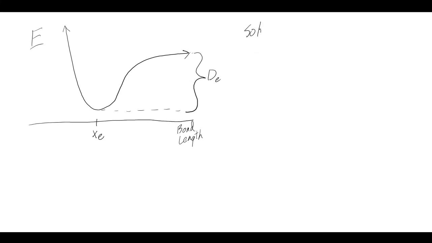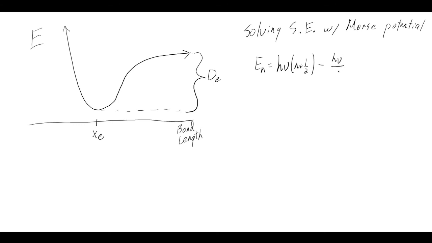So solving Schrodinger equation with the Morse potential here, this anharmonic potential, the eigenenergies we get look like this. A part that's the same as the harmonic oscillator, minus this next part, which we're going to call an anharmonic correction.